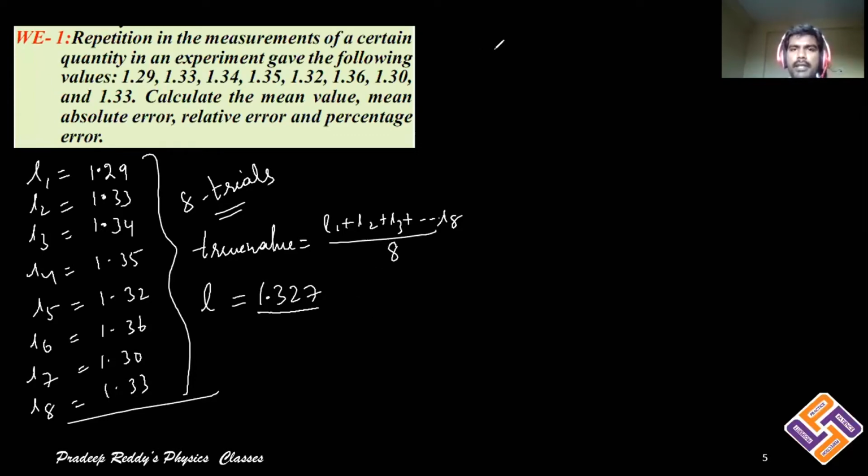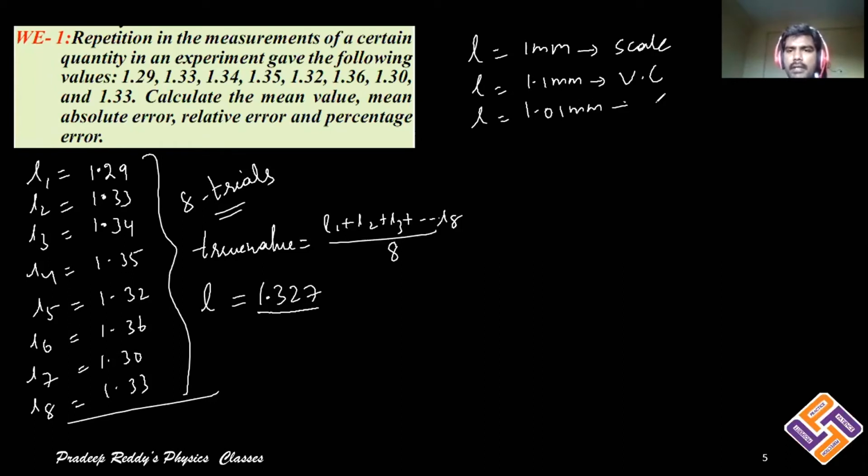Say, for example, L is equal to 1 millimeter. This tells you that you are measuring with a scale. L is equal to 1.1 millimeter. What does it indicate? It indicates that you are using vernier calipers when measuring that length. Similarly, L is equal to 1.01 millimeter. What does it indicate? It indicates that you are using a screw gauge, right? About all this information, we have learnt in the previous video lecture.